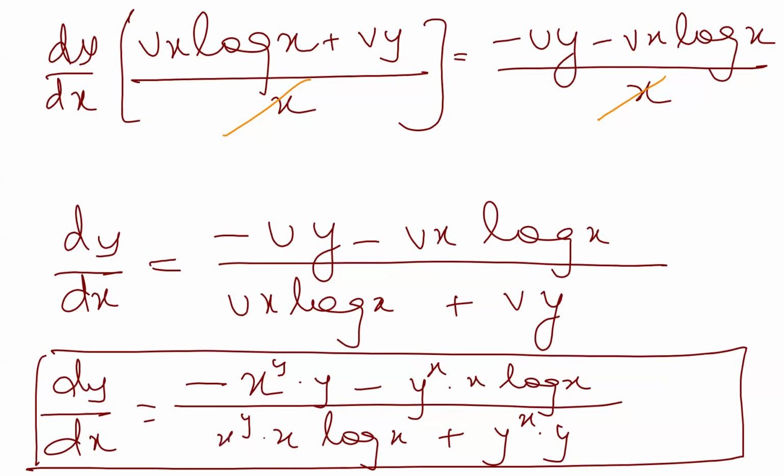That is your final answer. Moreover, you can group these two terms: this can be written as x raised to y plus 1, and this term can be written as y raised to x plus 1. This is the final solution.